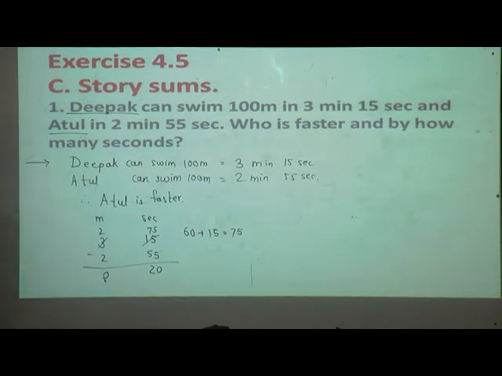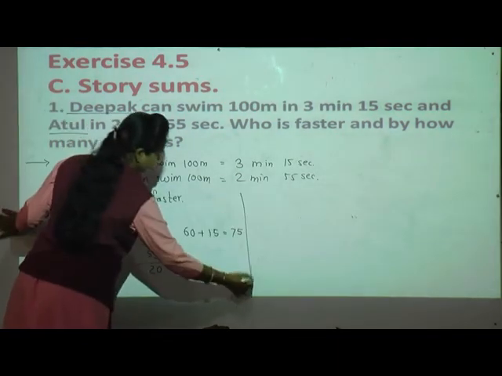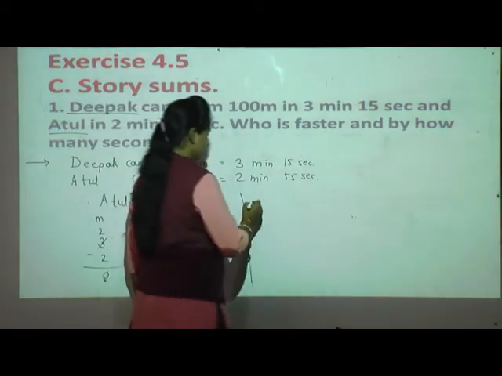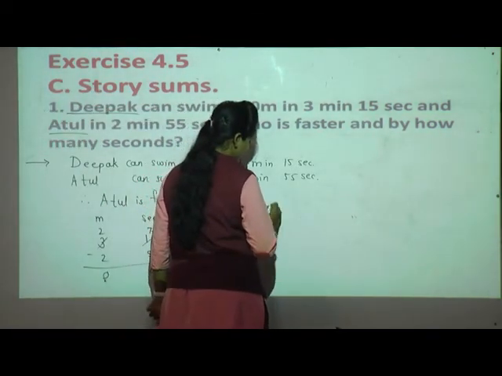So how many seconds faster he is? 20 seconds. So here you have to write the final answer. Here I'll write. So what you will write? Atul is faster by 20 seconds. So write your answer.